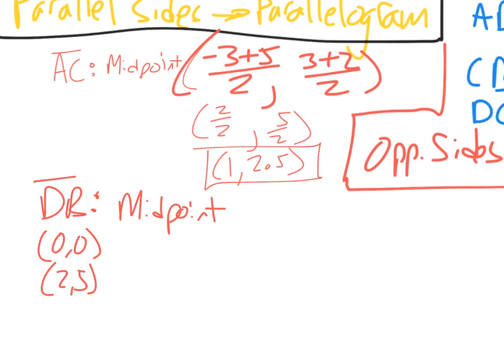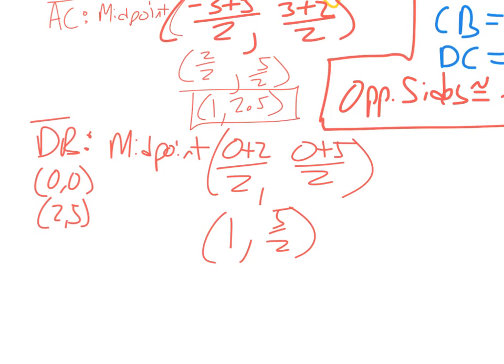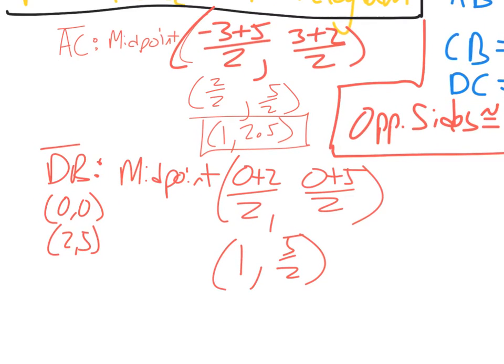Those were the coordinates. We can look back there. So our midpoint is going to be, add the x's and divide by 2, add the y's and divide by 2, and we get 1, 2 over 2, which is 1, and we get 5 halves. Well, that's the same thing, right? That is 1 and 2.5.